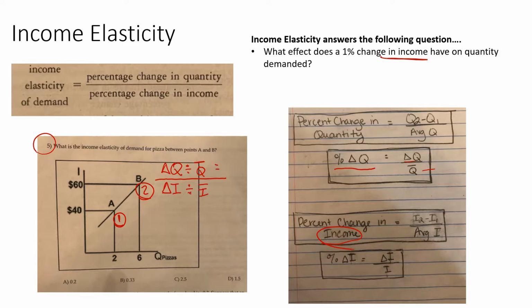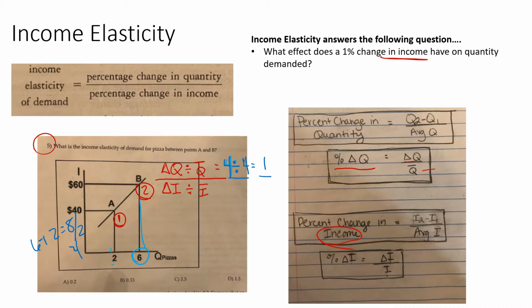So our change in quantity is, we're going from 6 to 2, so 6 minus 2 is 4, and we're going to divide that by the average. So 6 plus 2 equals 8, divided by 2 equals 4, so the average of 6 and 2 is 4. 4 divided by 4 equals 1.